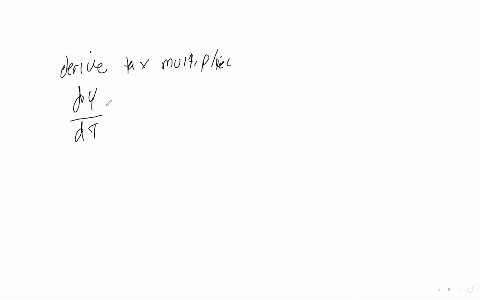Now we can do the same thing to calculate or derive the tax multiplier, and we can do that by taking the derivative of the Y equation we have with respect to T. So we had the equation, if you remember from the previous page, Y is equal to 1 over 1 minus B, and then we had A minus B times T plus I, some level of investment, and some level of government expenditure.